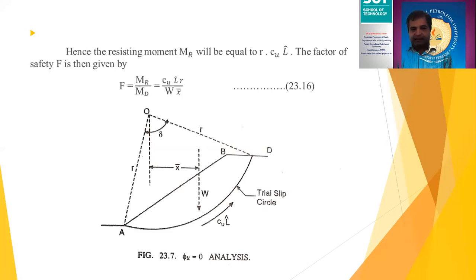It's very, very easy. If you see, all the parameters are with you, like cohesion, which is the soil parameter, and L arc, you can find with the formula 2 pi r delta upon 360. R is the radius, whatever the radius of the slip circle that you are assuming. Similarly, W and X bar you need to find out.